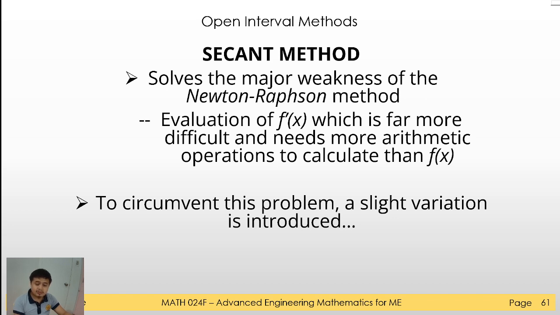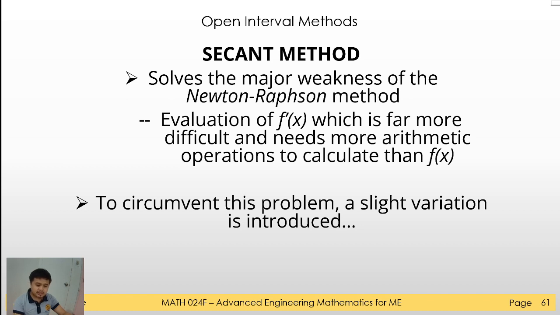The weakness of me, myself, and you guys, my students, which is the differentiation, no? So the evaluation of this derivative is difficult, and usually it will be much more computationally complex to create rather than just addition, subtraction, and so on.